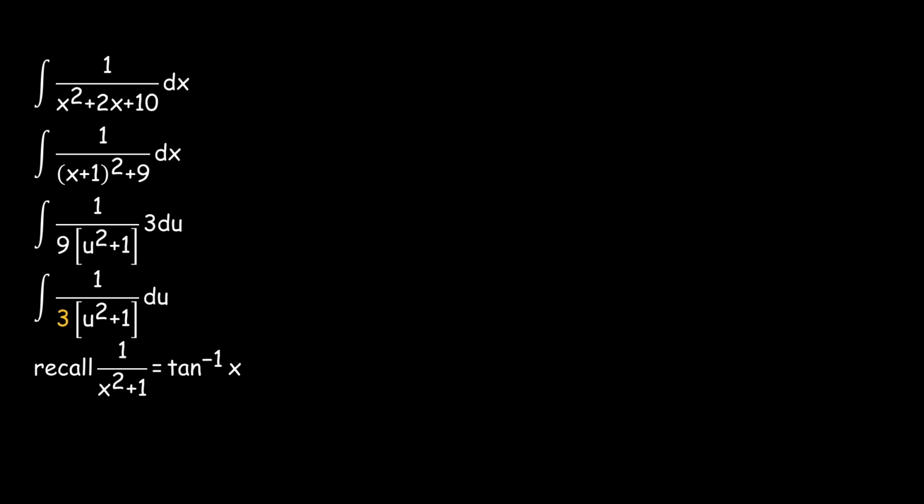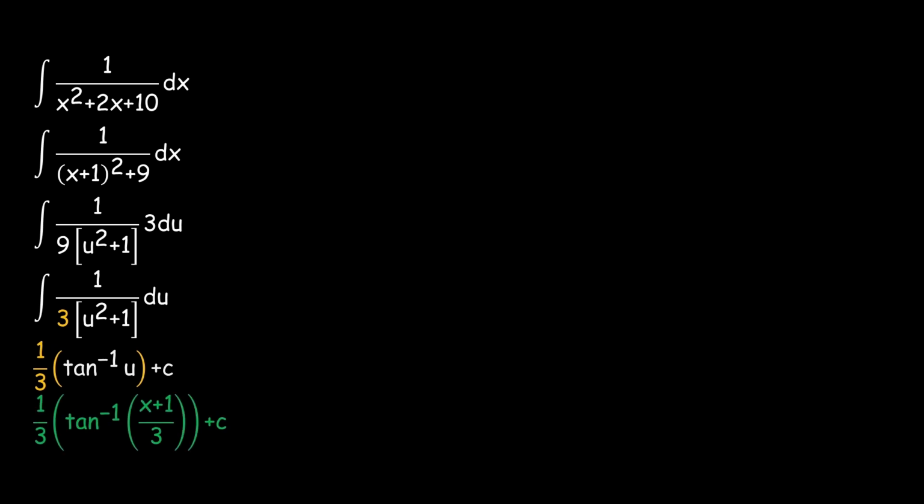We've looked at this integral in the previous question, so you can go back. So it means that this would be 1/3 tan inverse of u plus c, and if we replace u once again, it will be 1/3 tan inverse of x plus 1 over 3 plus c.